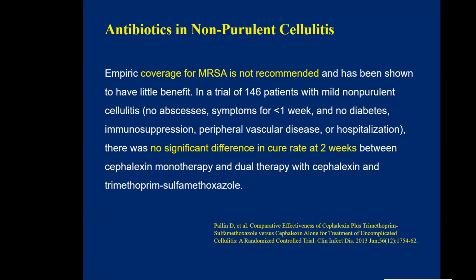And if you have a staph infection, it will probably be sensitive. So if you have a patient in the outpatient setting or with moderate disease with non-purulent cellulitis, this study looked at patients with simple cellulitis. There was no significant difference in cure rate if you gave only cephalexin, or if you gave cephalexin and Bactrim, which would treat MRSA. So if you have uncomplicated cellulitis, MRSA coverage is absolutely not needed.